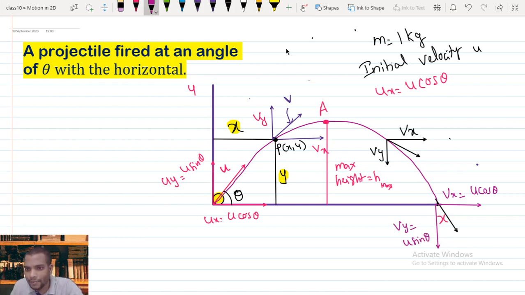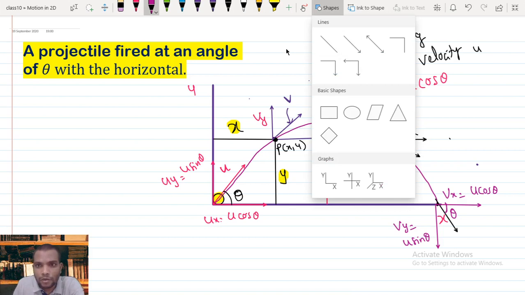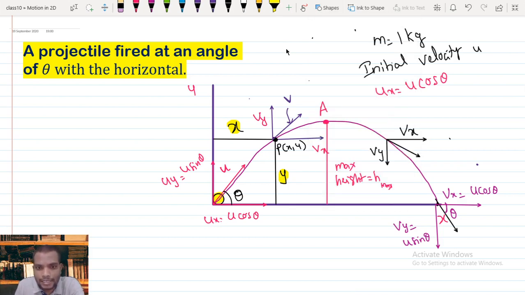Here the angle with the horizontal again goes to theta itself. So the starting and ending conditions are the same. Now I need to define one more important thing, the horizontal range: the maximum horizontal distance between the initial and final point is known as the horizontal range R.